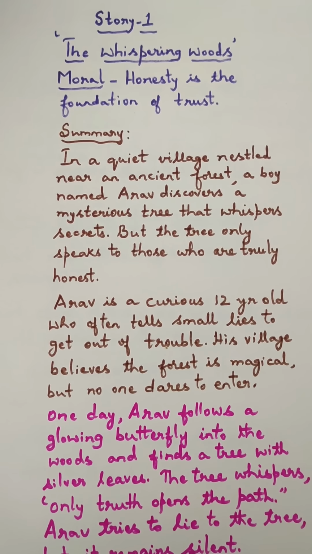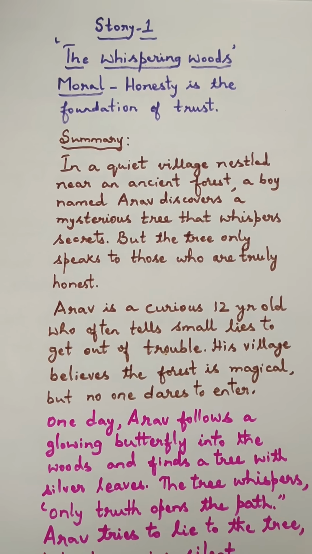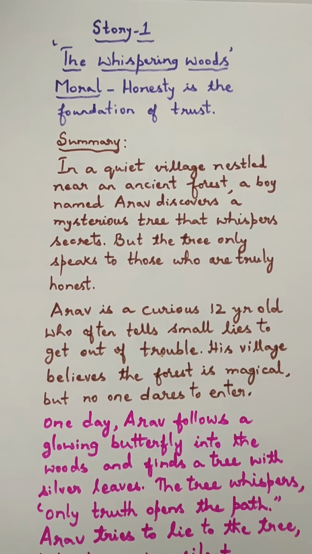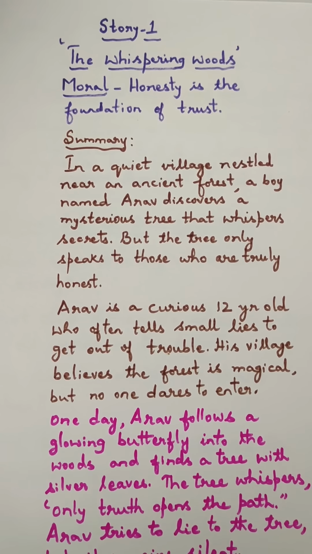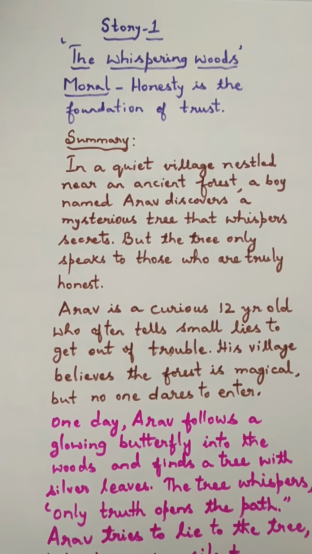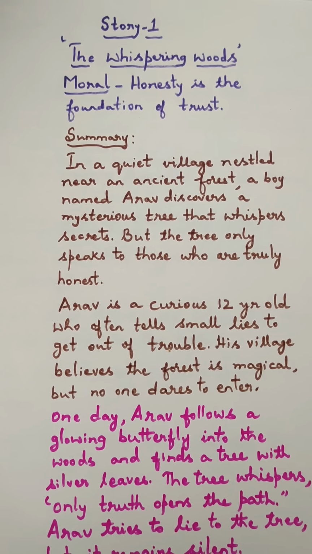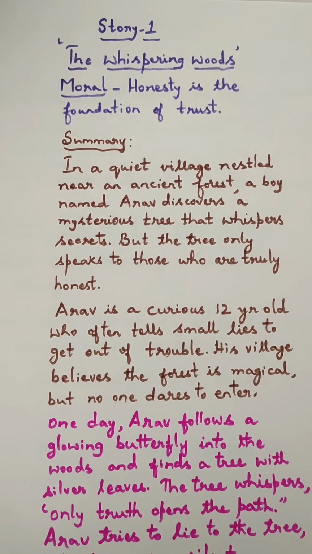In a quiet village nestled near an ancient forest, a boy named Arav discovers a mysterious tree that whispers secrets, but the tree only speaks to those who are truly honest. Arav is a curious 12-year-old who often tells small lies to get out of trouble.